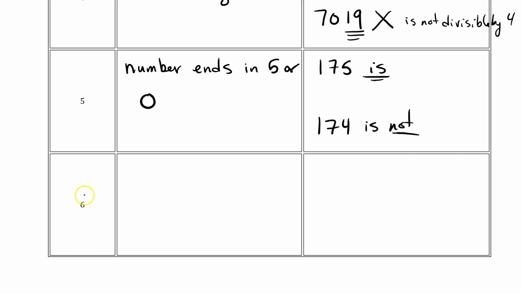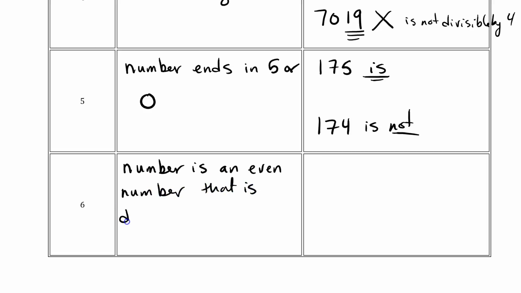You know a number is divisible by 6 if the number is an even number that is divisible by 3. That is, it is divisible by 2 and it's divisible by 3.